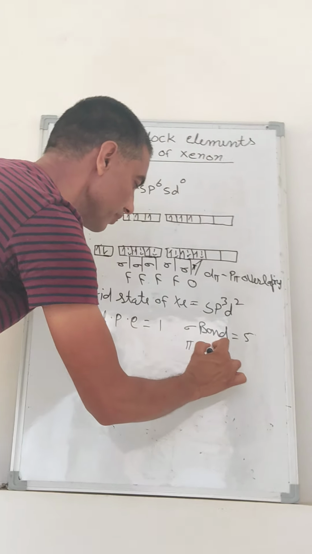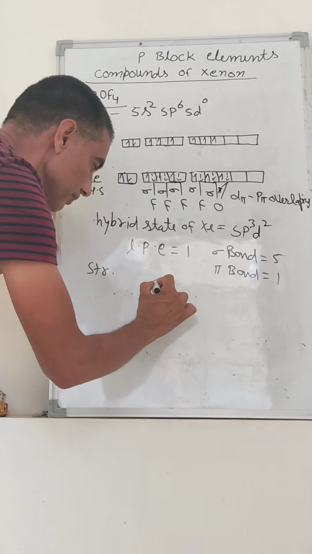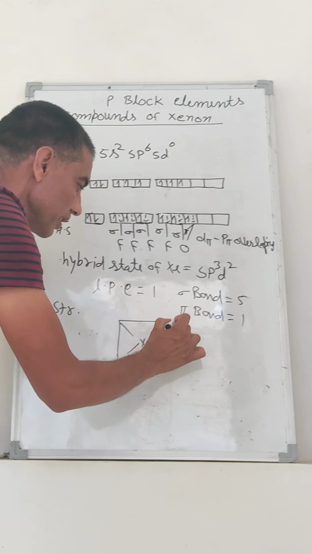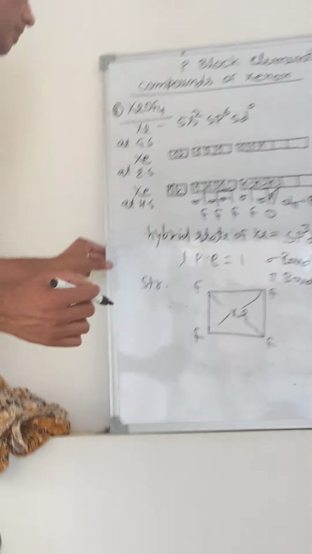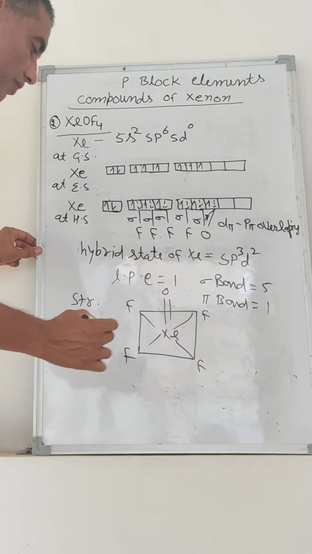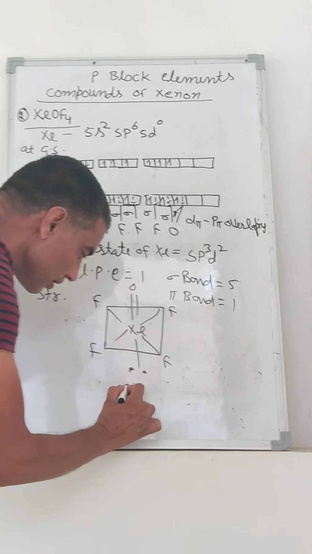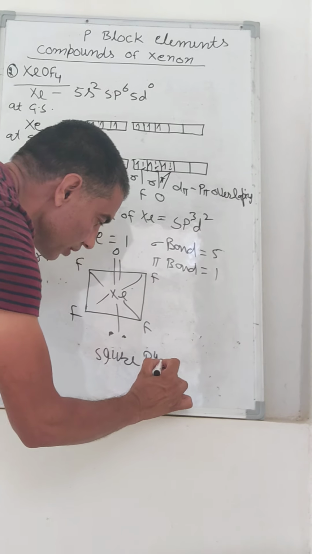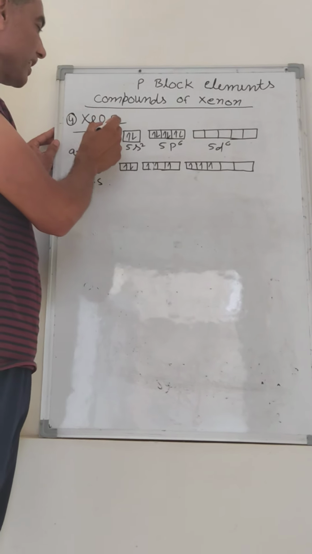Number of pi bonds is equal to 1, and the structure is given as 4 fluorine oriented in the direction of the corners of a square, and 1 oxygen bonded with a sigma and pi bond, and 1 lone pair of electrons. Their shape is square pyramidal.